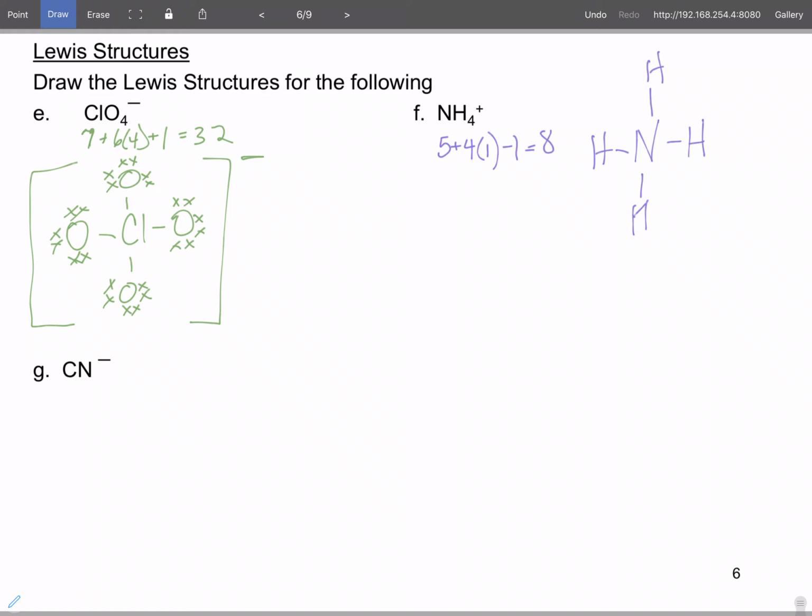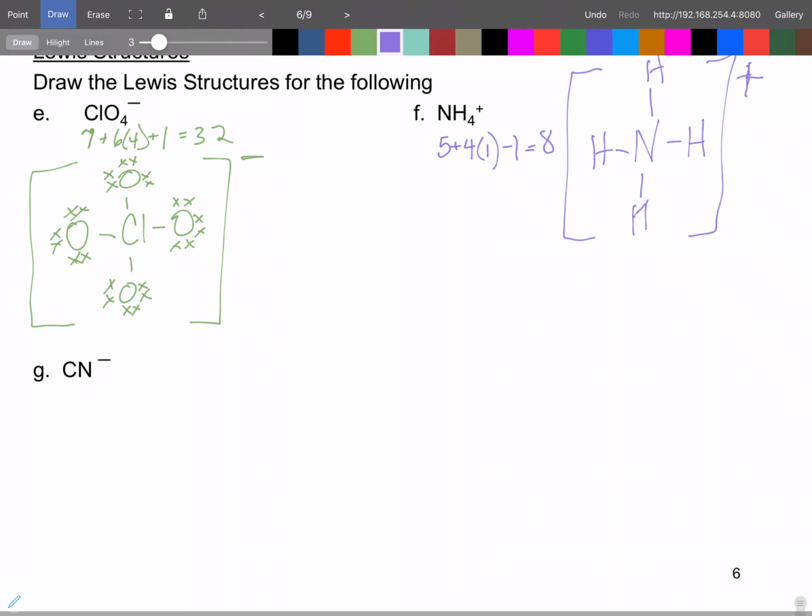So if we count the number of electrons that each hydrogen has, it has 2, so it's happy. And the nitrogen has 8, so it's happy. So we're done, right? No. Again, somebody lost an electron, not sure who, so we put a positive on it. And we're good to go.